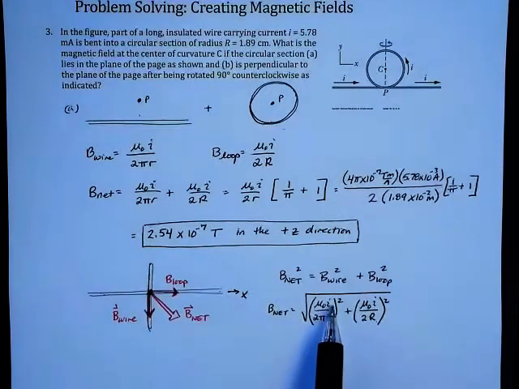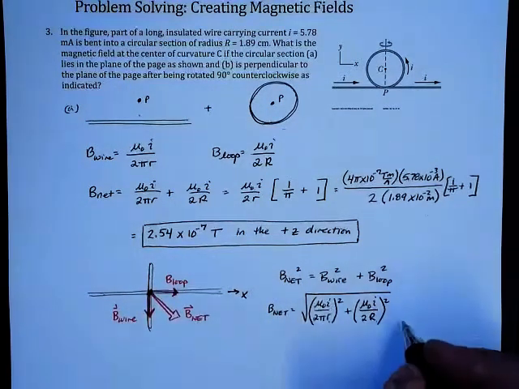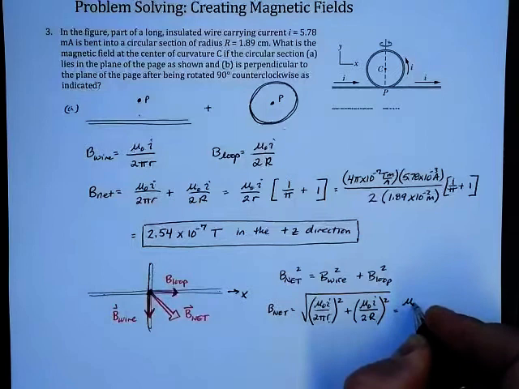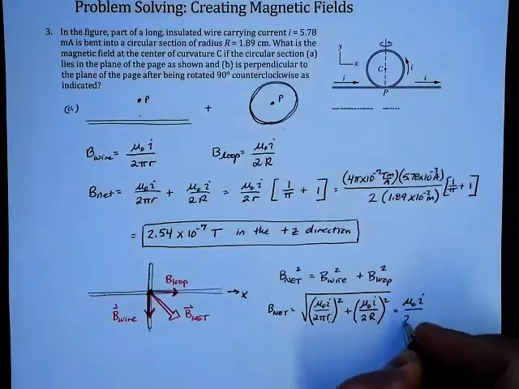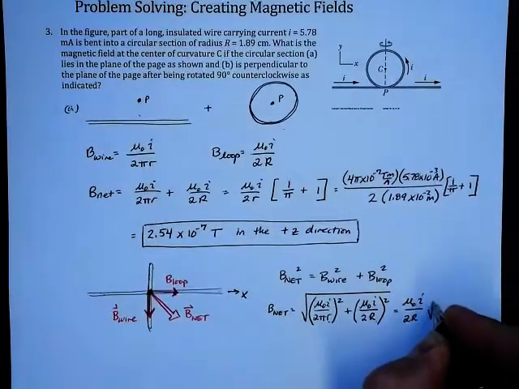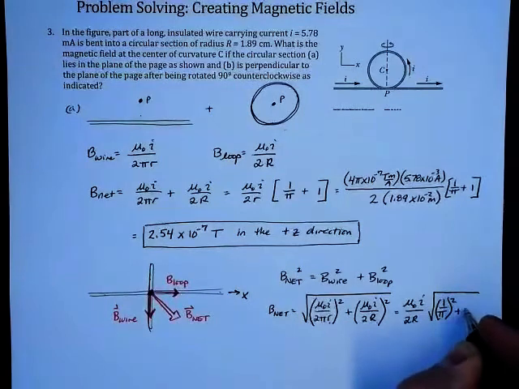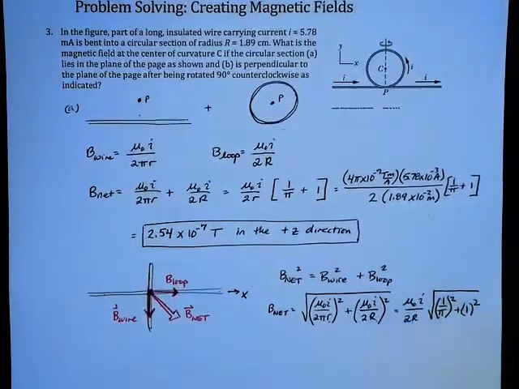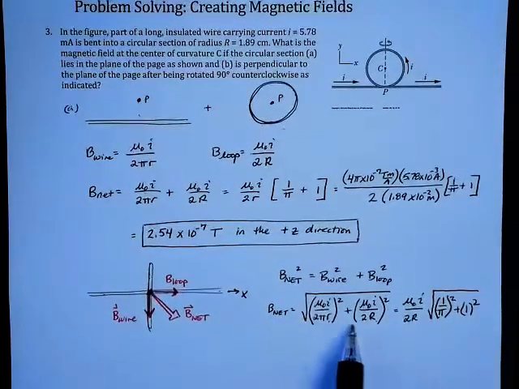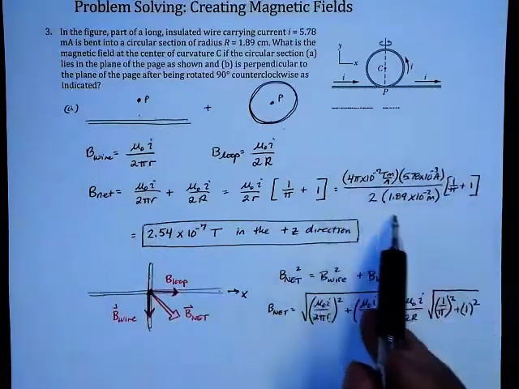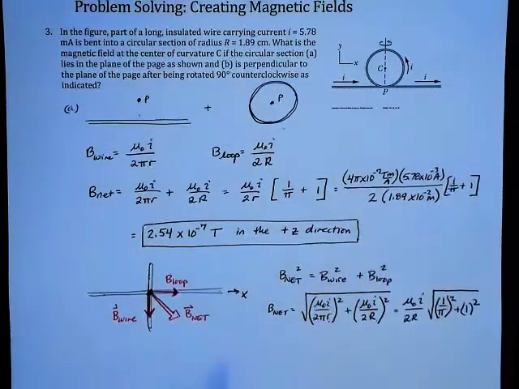And if you square all this stuff, you can actually pull that term out of the square root. I could rewrite this as mu 0 I over 2r. And the stuff that stays in the square root is 1 over pi squared and 1 squared. If you put all the numbers in that expression like we did up top, the only thing that changes is this multiplier at the end.